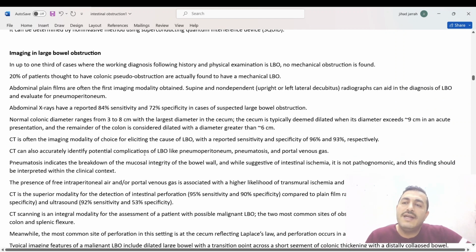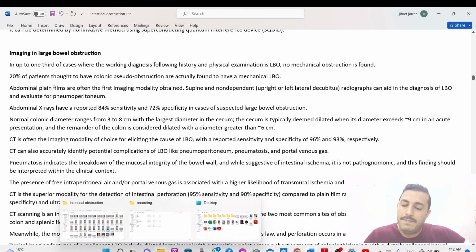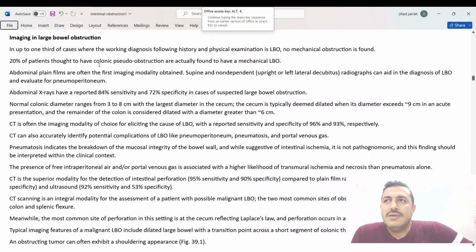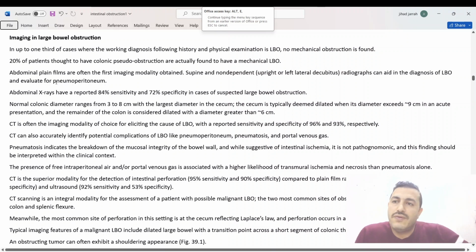So let's move a little bit to talk in detail about imaging of the small bowel. About the investigation or imaging of the large bowel, we have to remember that in some cases, while taking physical exam and history, we suspect large bowel obstruction, but in about one third of the cases on imaging, we don't find any cause.